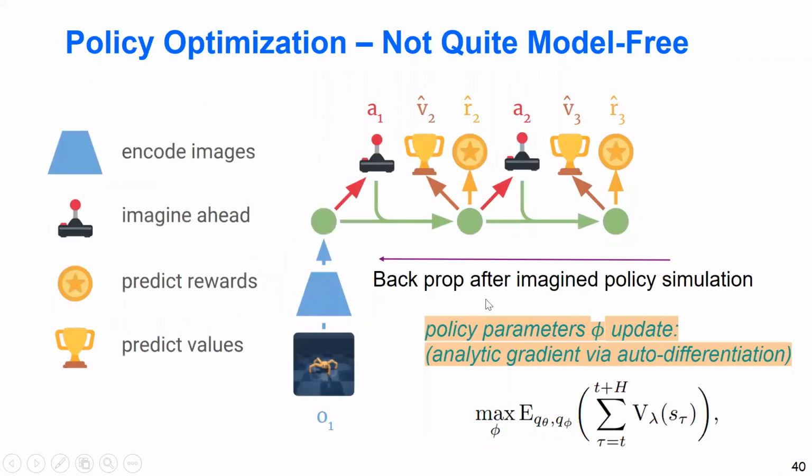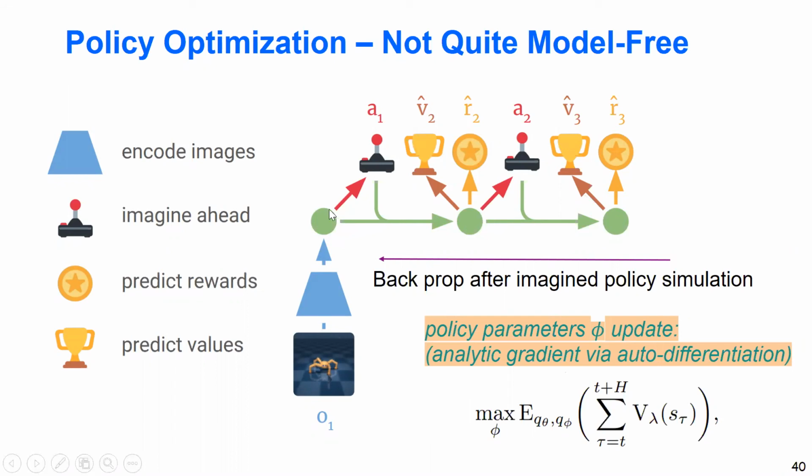So this tries to illustrate that. If this green is the latent state space, let's say Dreamer does a trajectory of the current policy in this green latent state space. It's just high dimensional vectors. And it's also predicting the value function and the reward function along the way.